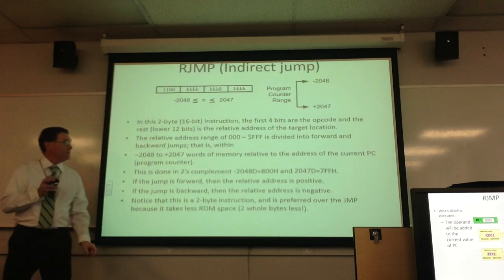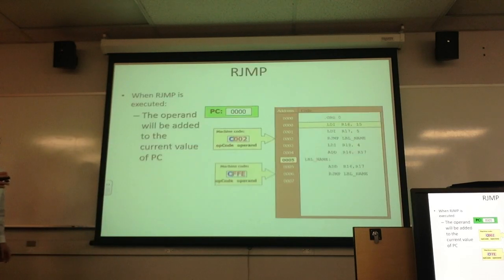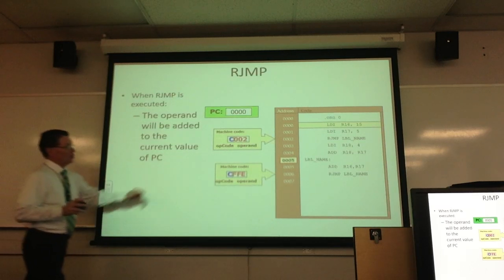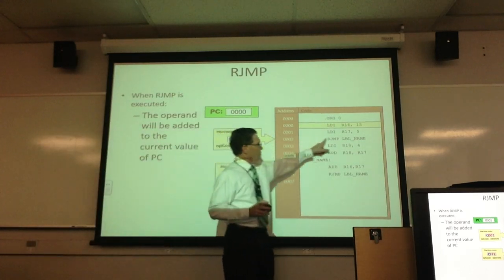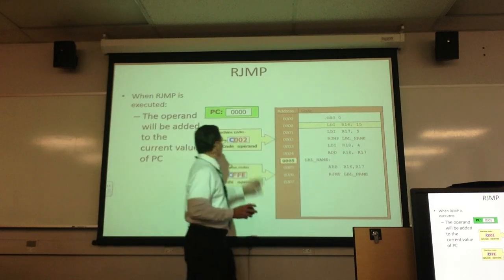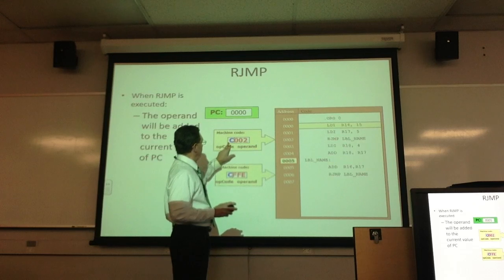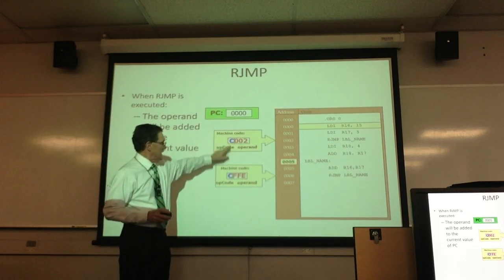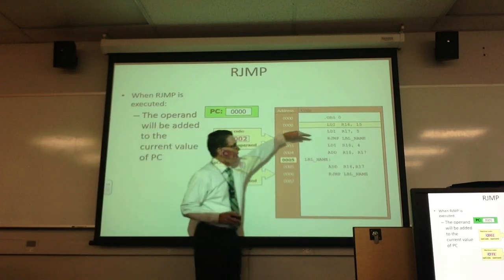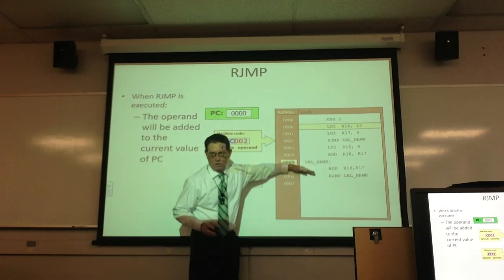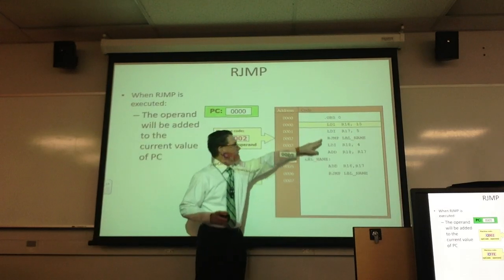Let's look at that again. Here I have the machine code for this RJMP label name, which has a 002 here. The opcode for it is a C. Down here, are we jumping down in the code or backwards when I'm up here?